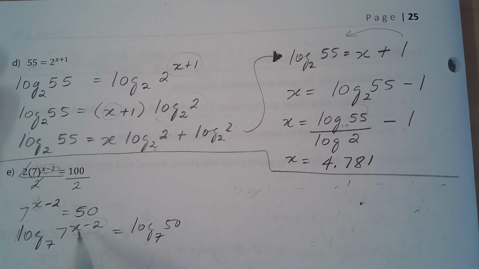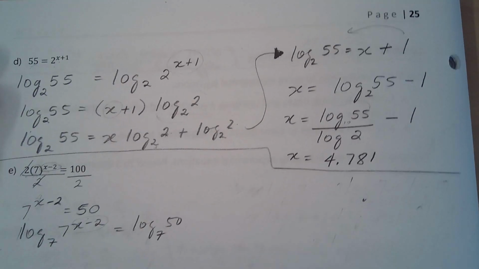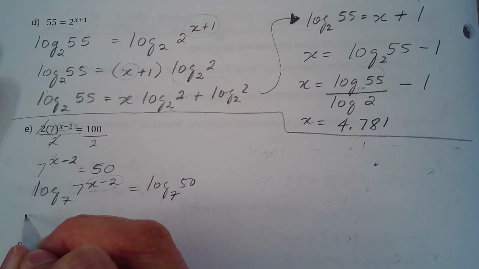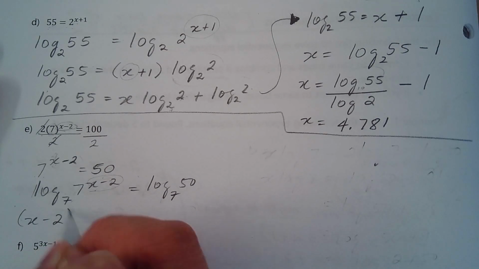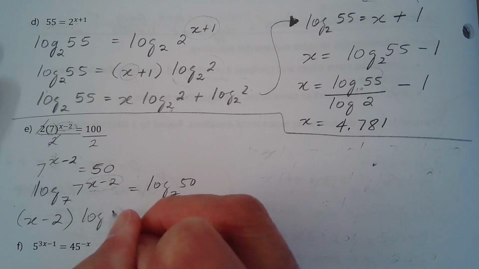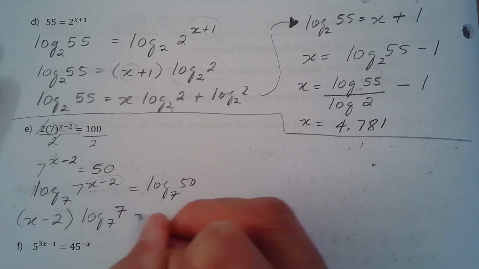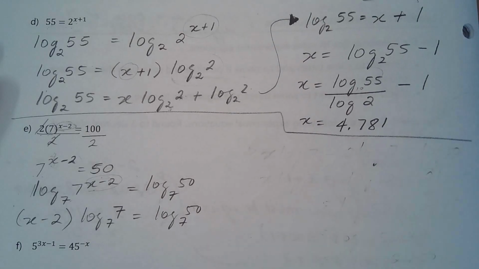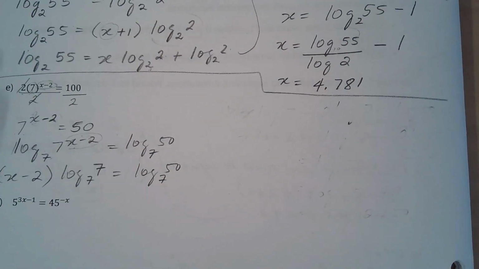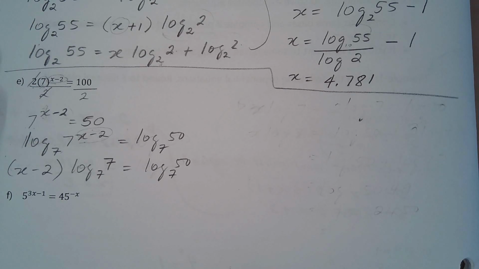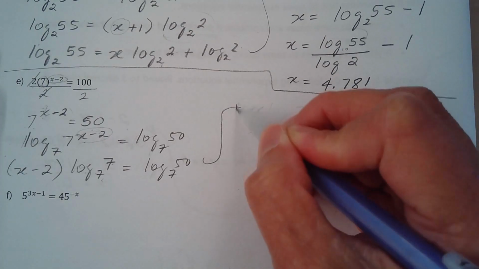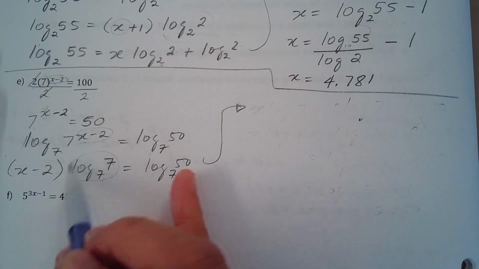Okay, now bring this over there to the front. This becomes x minus 2 log 7 equals log of 50 base 7. Now log 7 base 7 is just 1. So this is just the value of 1.